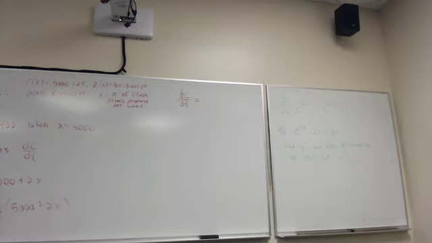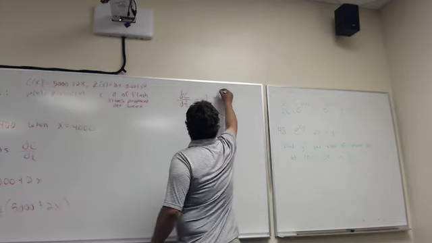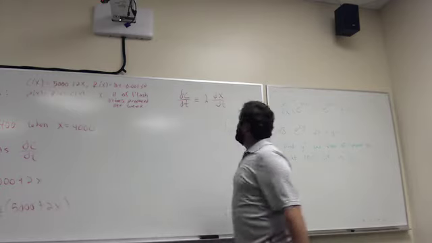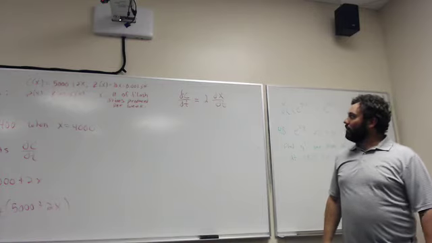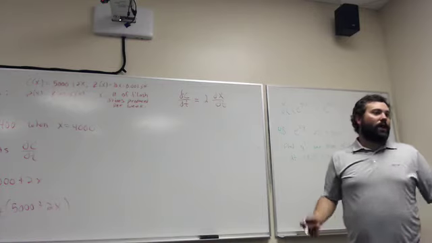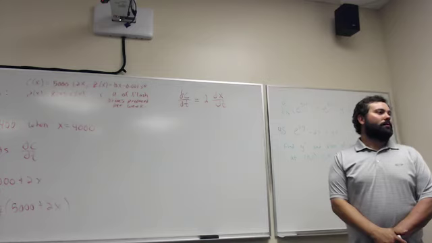And again, if you need to, I could have written c of t and x of t, right, to see that they're functions. But the derivative of 2 times a function is going to be 2 times the derivative of that function with respect to t. Okay, so the derivative of 2x is 2 dx/dt. If you like, it's 2x prime. But we can't write it like that.